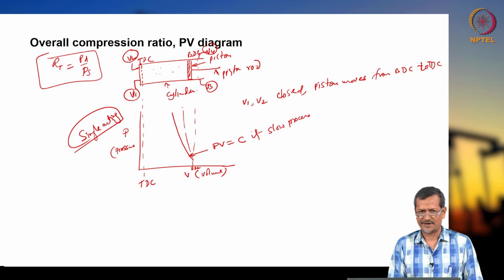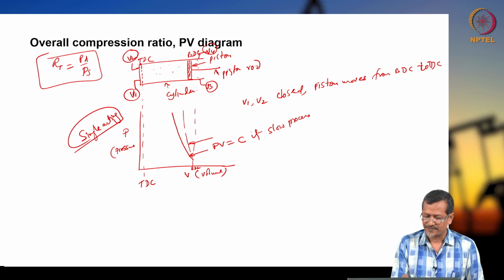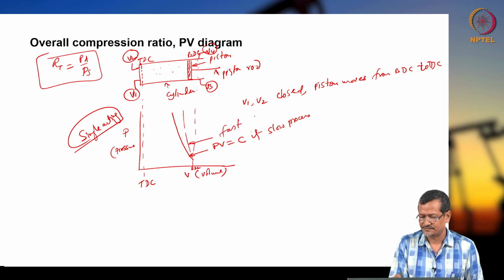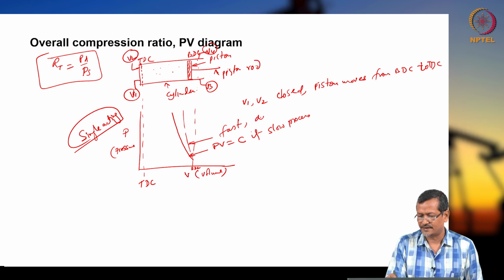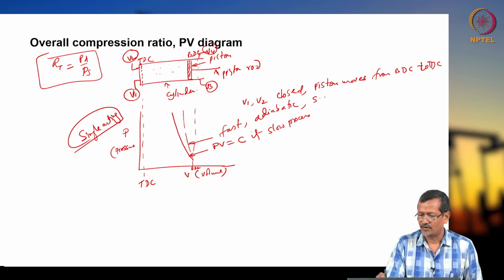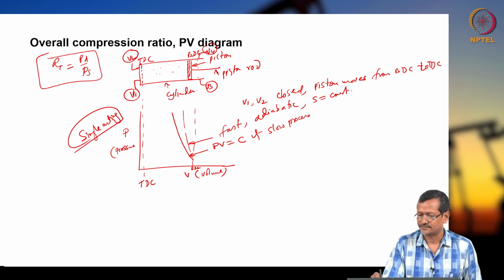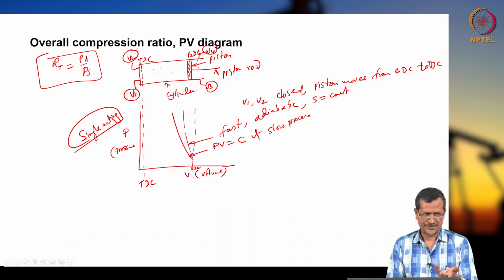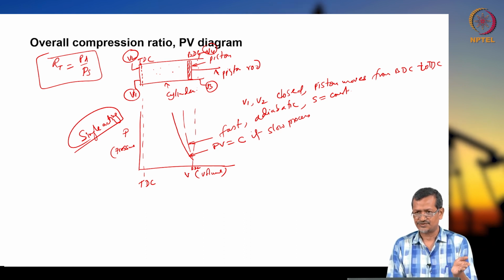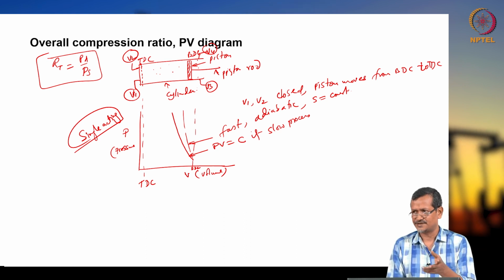So normal compression formula. Here, fast process, so adiabatic, or entropy constant. Entropy is not changing, but when heat is transferred, entropy also will change.